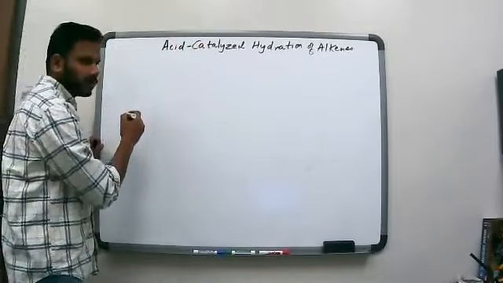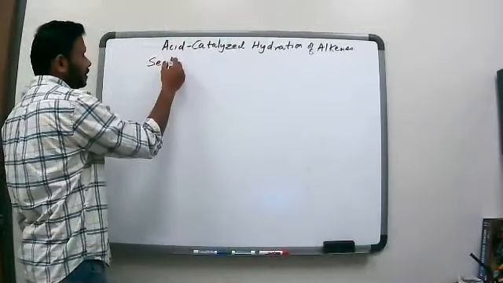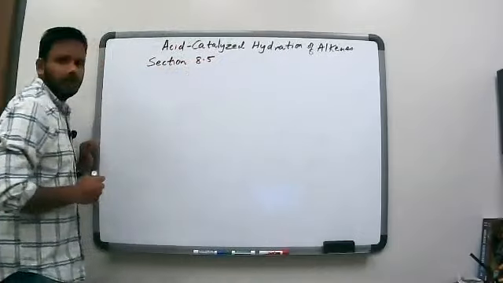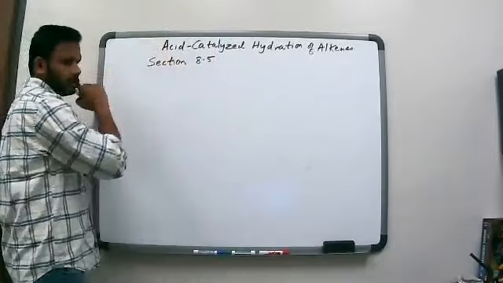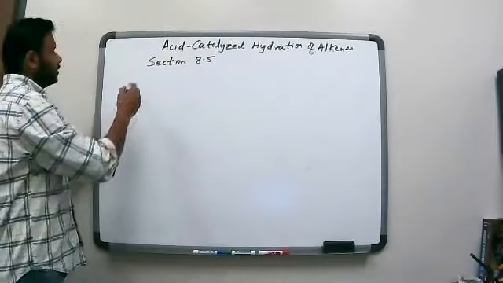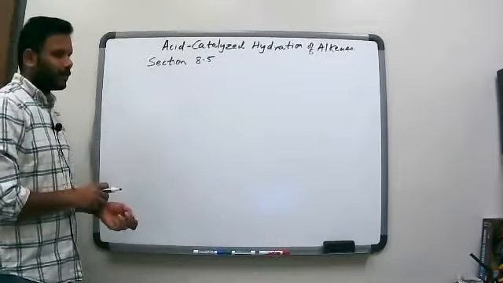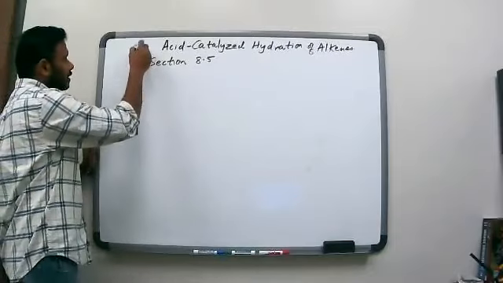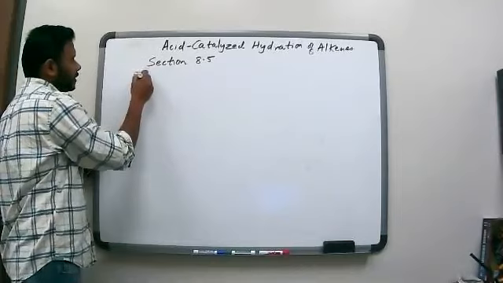So this is coming from section 8.5 in the textbook. I don't know what number reaction we are on right now. I think this is probably the 4th or the 5th reaction that we're looking at, but this is what we're doing, acid catalyzed hydration.